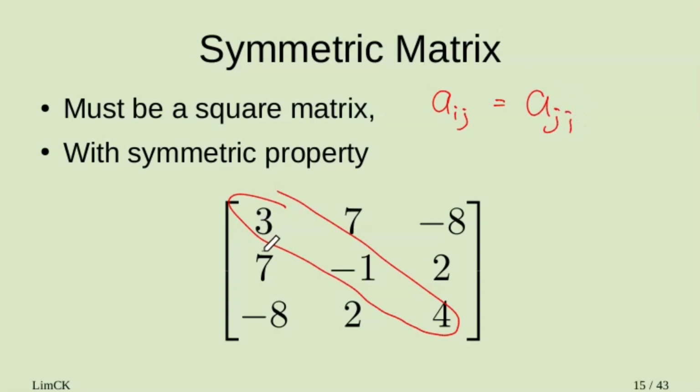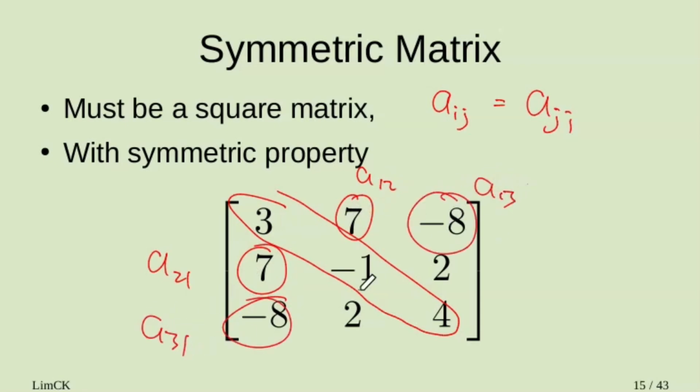What I mean is, for example, this is A21, row 2, column 1. This is always equal to A12, both are 7. And then A31 is always equal to A13, and A32 is always equal to A23. So if all of this is fulfilled, then this is a symmetric matrix.